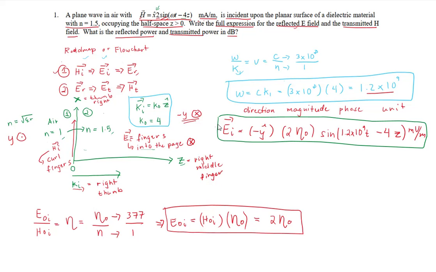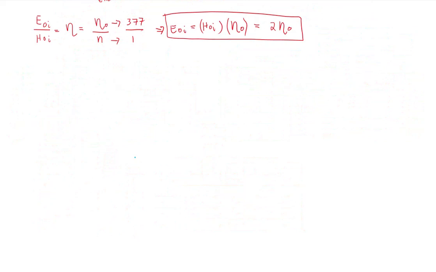So let's look at our roadmap. We came from H of I, we just obtained our E sub I. Now we could find out our E sub R, or reflected. To get E sub R, we use this gamma, or our fraction of reflection.